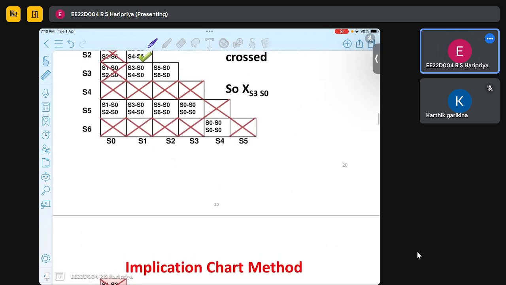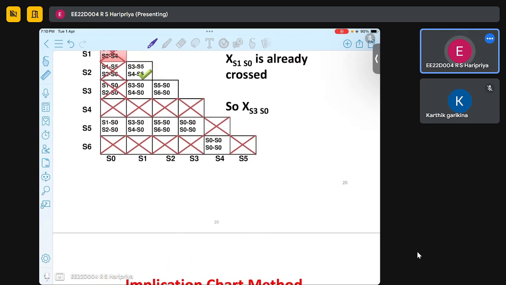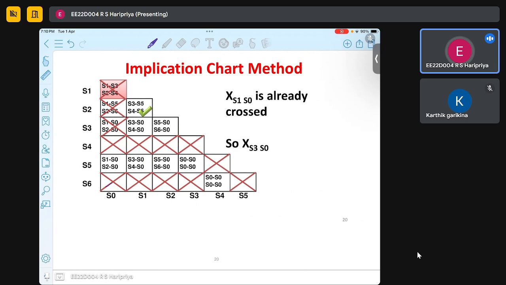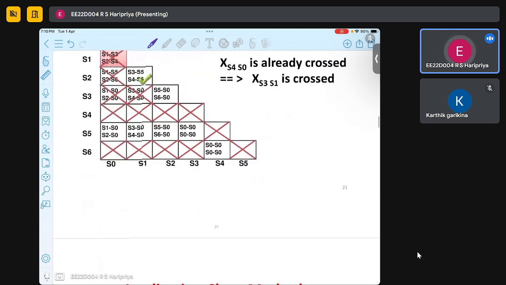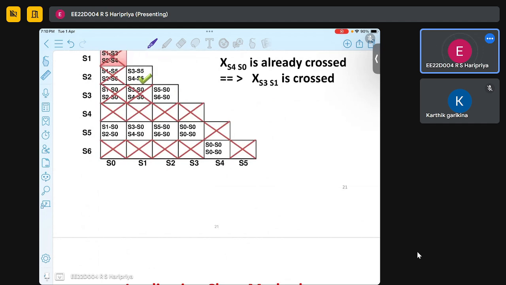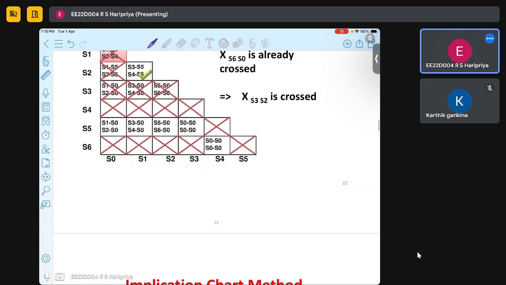Next, this one, 3 and 0. It's not equivalent. That means this is also not equivalent. And 5 and 0, and 6 and 0. This is not, this is. So in this way, we will mark a cross and eliminate.